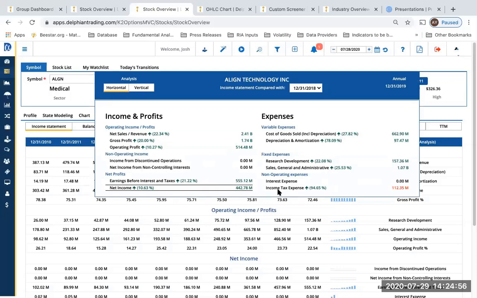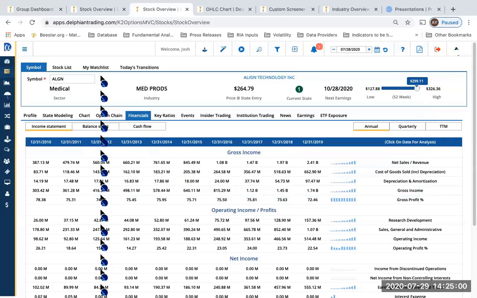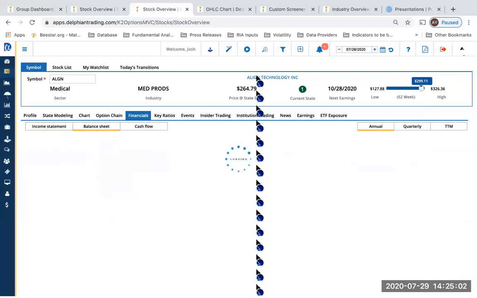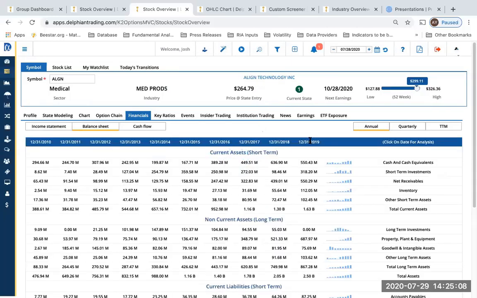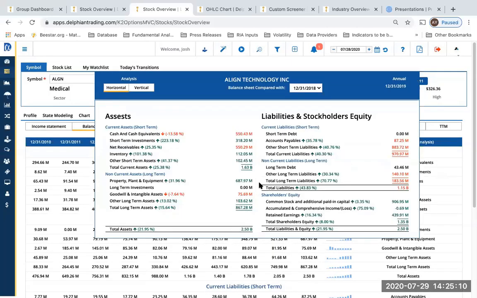I would do the same thing. Here, let's start with the balance sheet first. Yeah, so it's a very similar company to this one, right? It's about 2.5 billion in assets, very similar to the other one too.